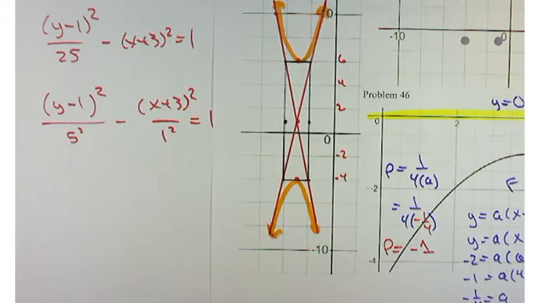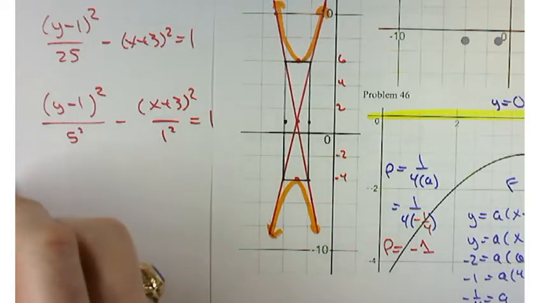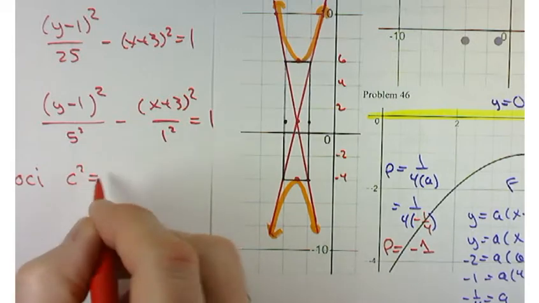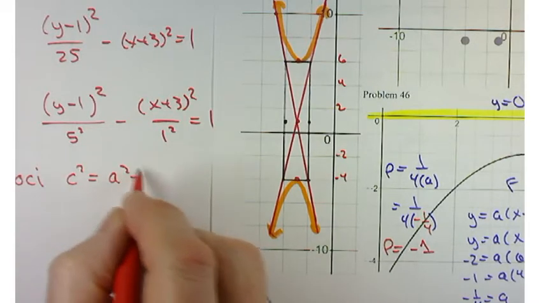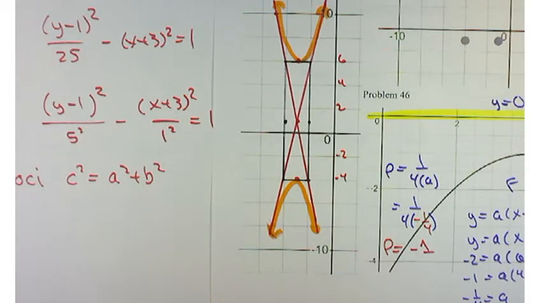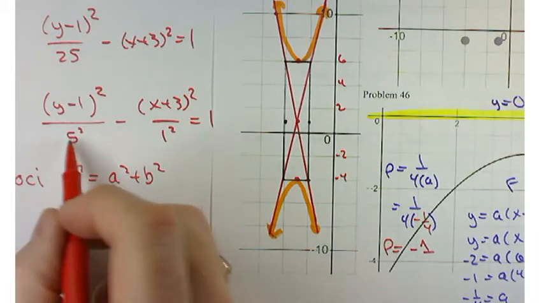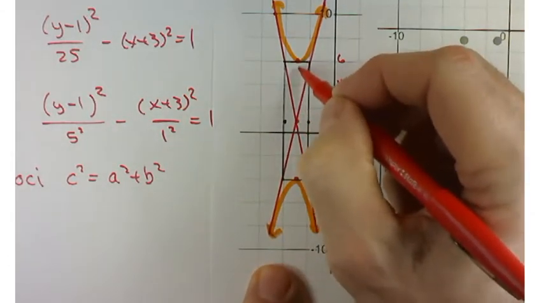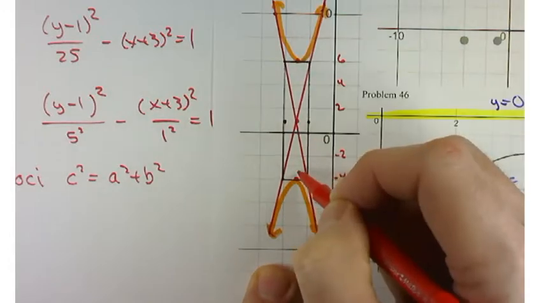There's one last thing that we need to calculate there. What is it, Fadi? Yeah, the foci. So the foci have a slightly different formula than they do with the ellipse. c squared equals what? If you accidentally used a squared minus b squared, you'd get the square root of 24, which would put you right here and here.